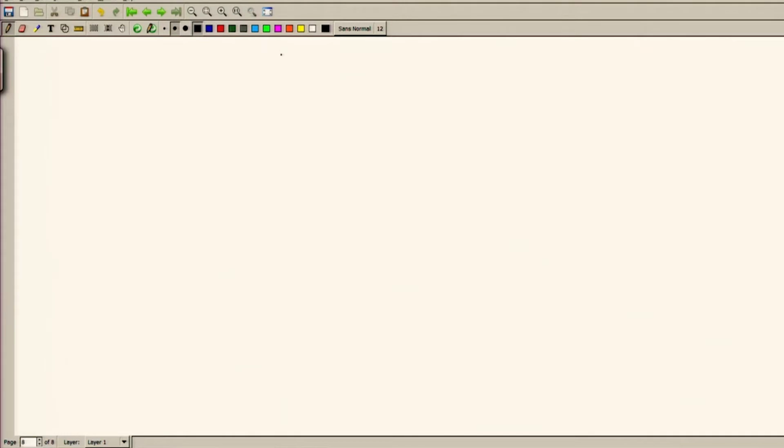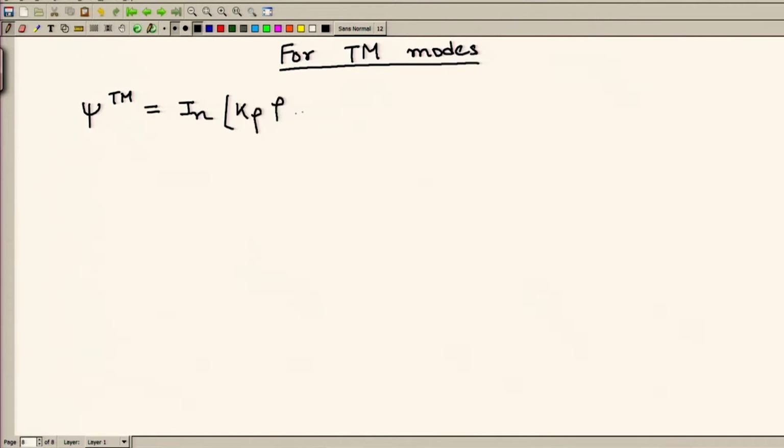To start with TM modes, we can write psi of TM as Jn k rho cos of n phi e to the power minus j k z z.